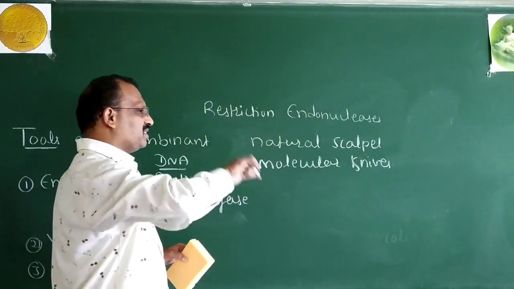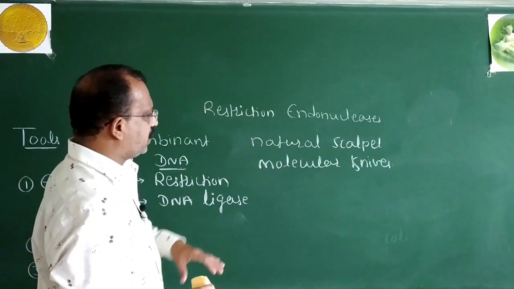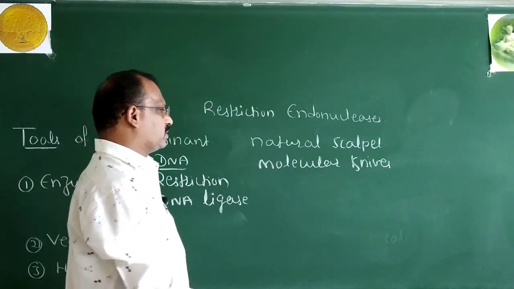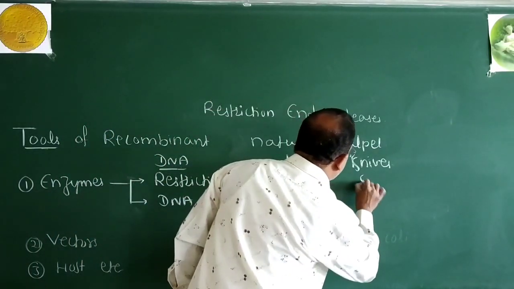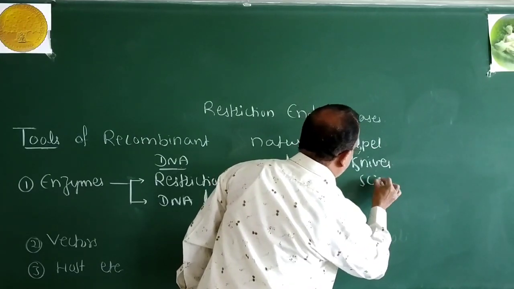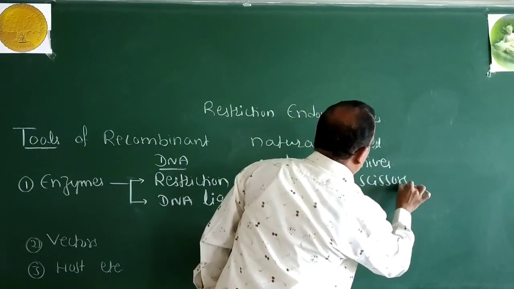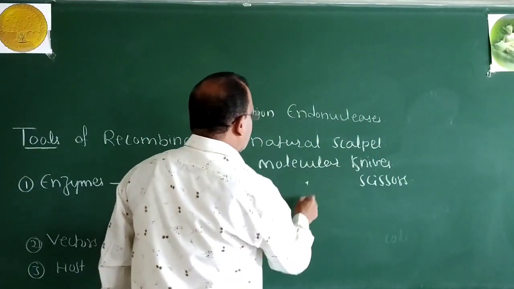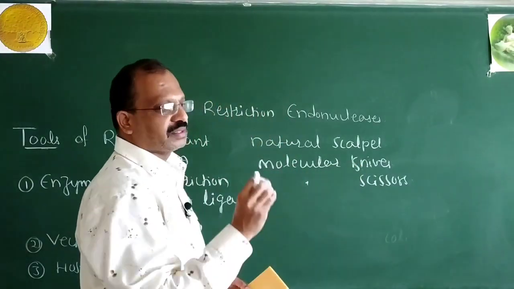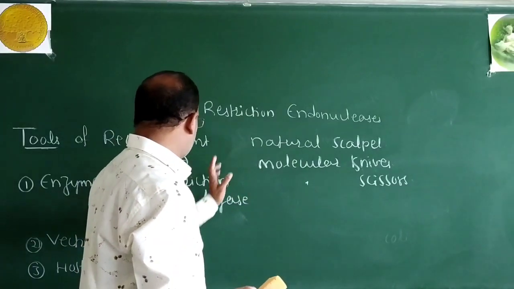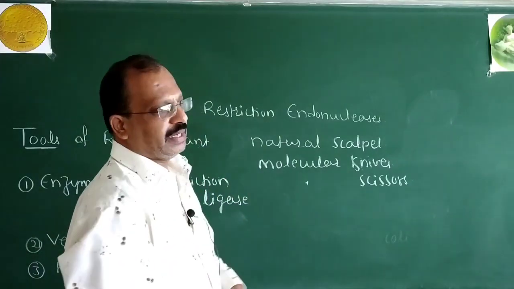The one which cuts the DNA is called as restriction endonucleases. It is also called as molecular scissors, or molecular knives or natural scalpel. Okay, I hope that first point is clear.